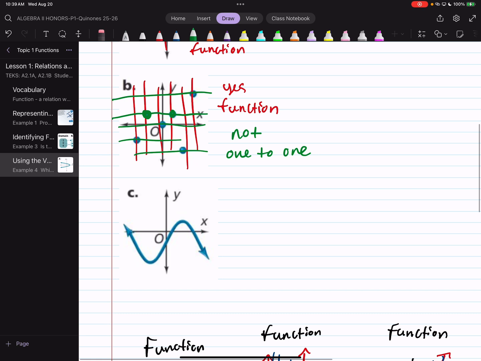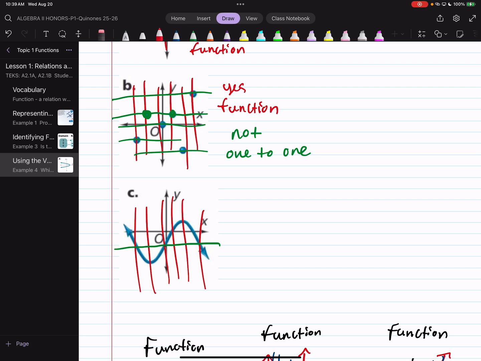And last one, is this a function? Yeah, no matter how many vertical lines I draw, it will only touch that graph once. However, is this a one-to-one? Believe it or not, there's going to be several scenarios where it'll never pass a horizontal test. It might even cross it 1,000,000 times, right? An infinite amount of times, some would say.